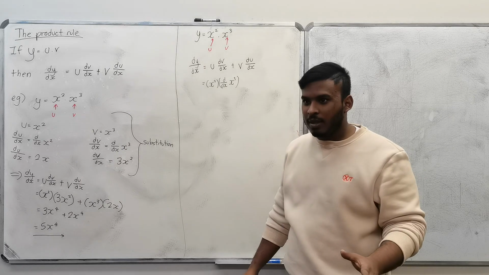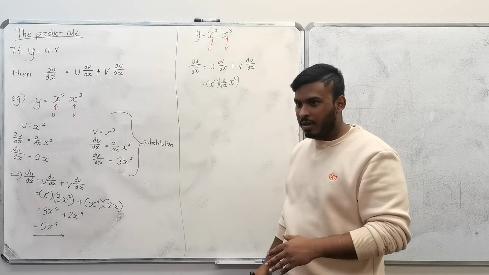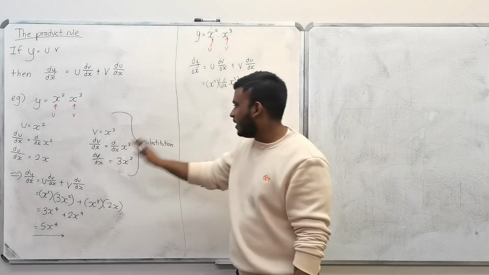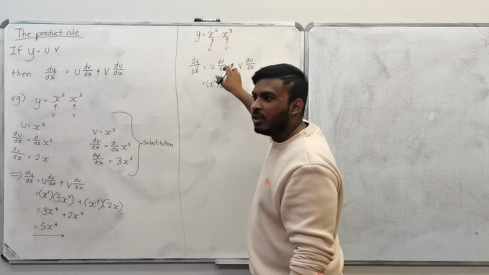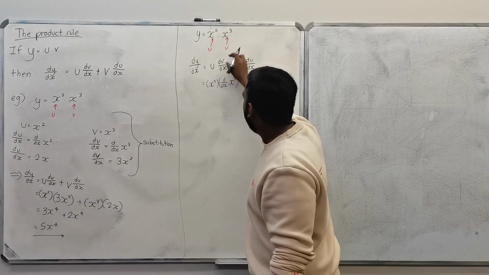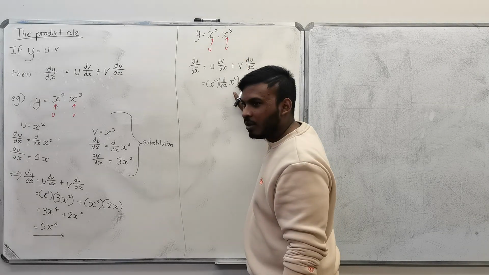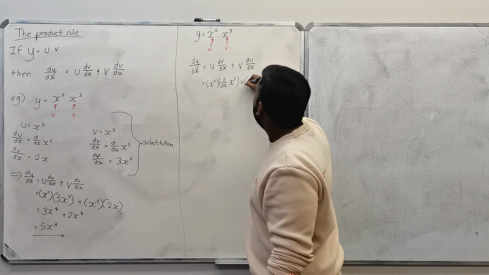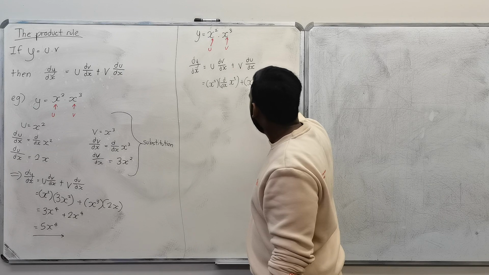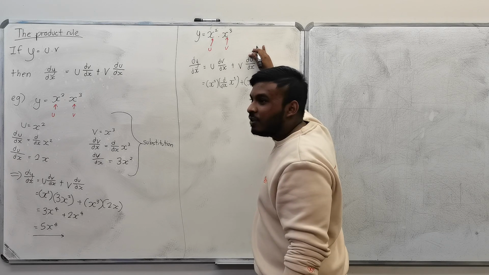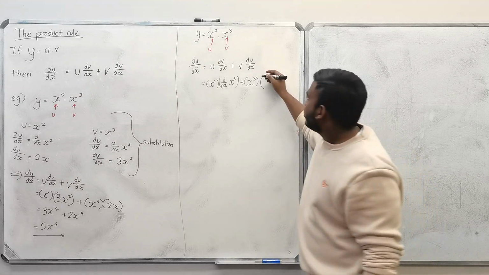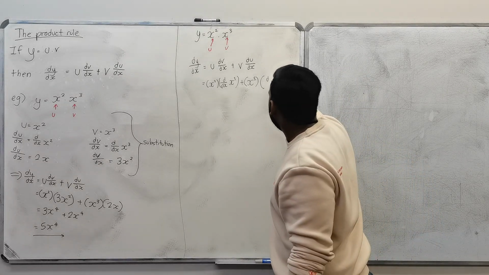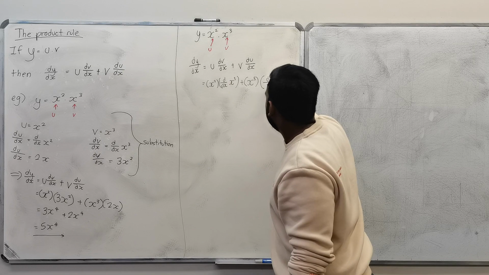They want the derivative of equation v with respect to x, so where v was, I just substituted x cubed. Plus v is x cubed, and they want the derivative of u with respect to x.